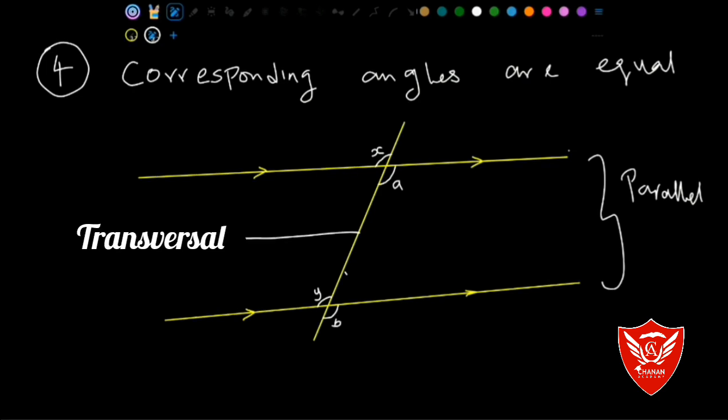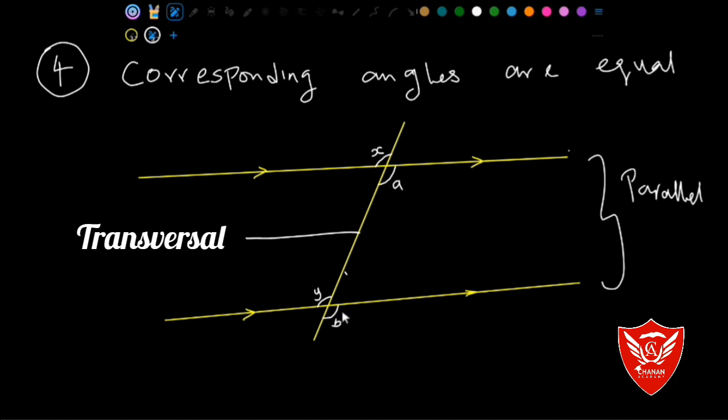Okay? So now, having known this, the corresponding angle says that two angles that are corresponding are equal. So what does the corresponding mean? It simply means, now, if you see this angle Y is equal to angle X, because it's occupying the same space as of the second parallel line. So also this angle A is also equal to angle B. So that's what a corresponding angle is saying.